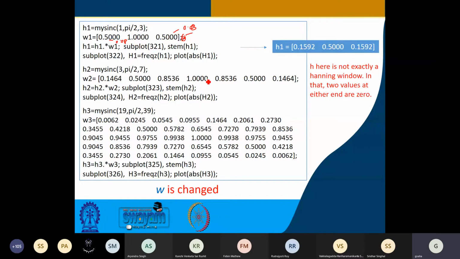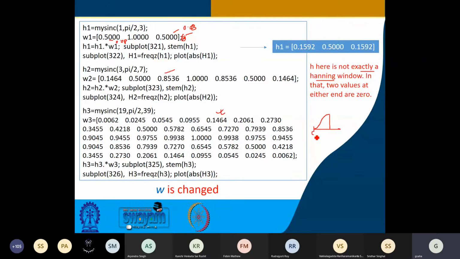Okay, so if you look at the plot of this Hanning equation, this is your 7, this is your 39. One thing to mention, it is not exactly the Hanning window. What does it mean? The central one is 1, and the last value is 0, which was 0.08 for Hamming.